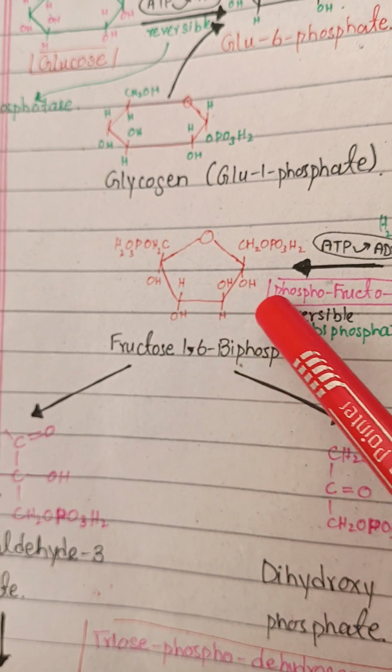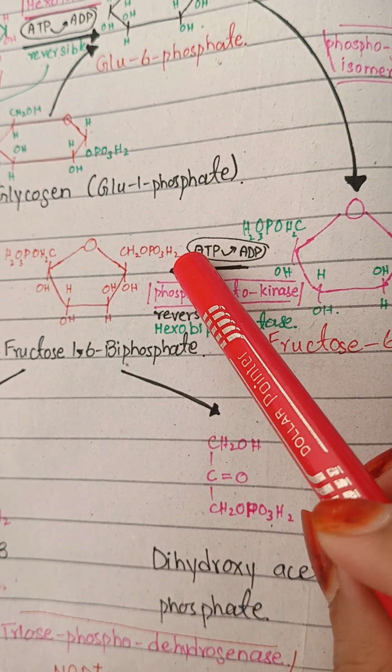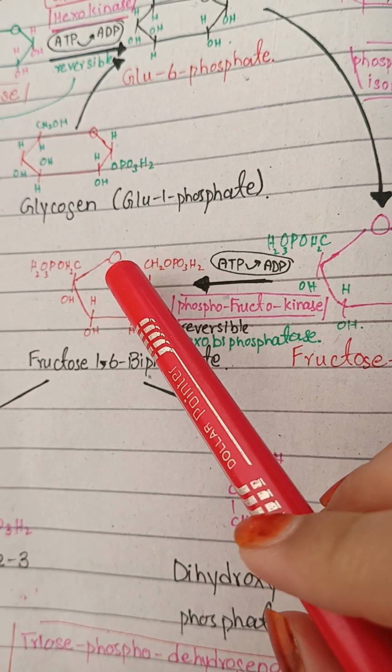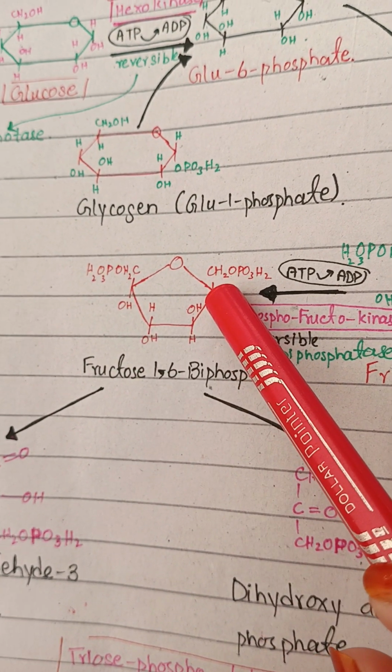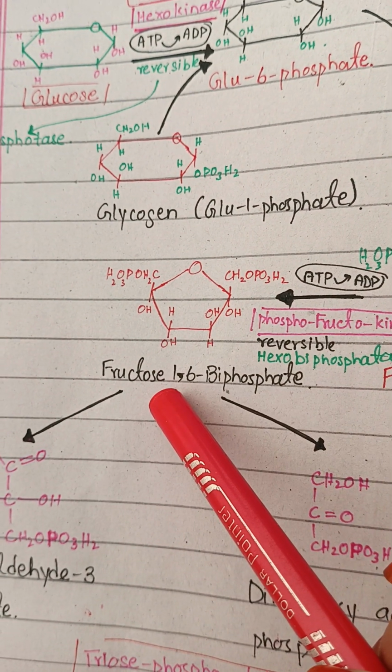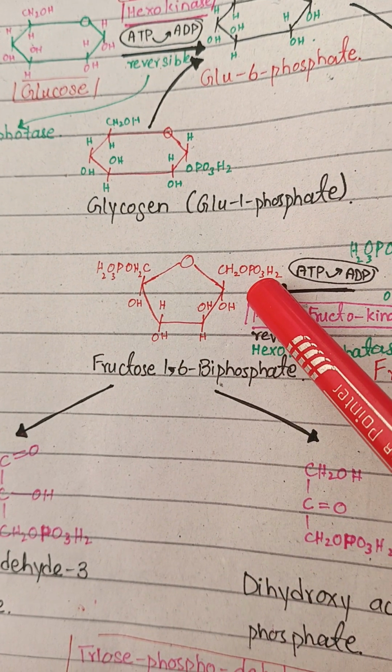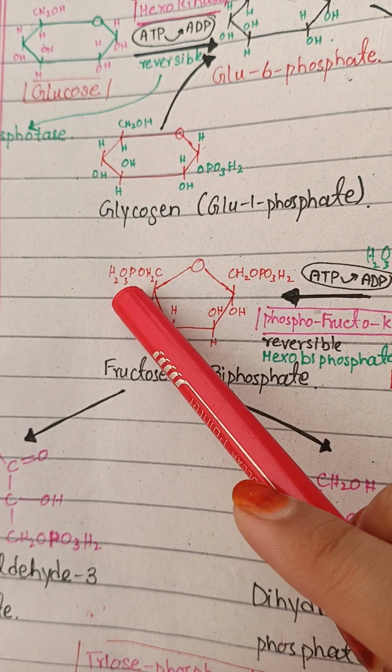Now we see that due to the conversion of ATP into ADP, one more phosphate group is attached with the carbon number 1. So therefore one phosphate is at carbon number 1 and the other phosphate is at carbon number 6.